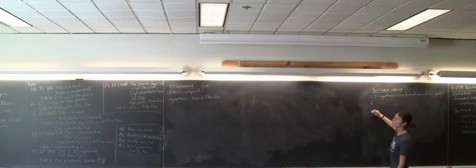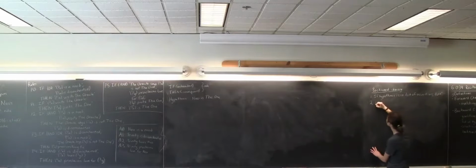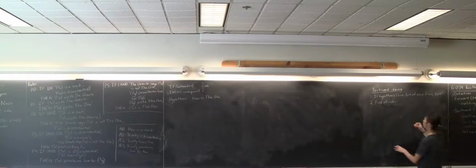So now we're going to go through and find all of the rules that could produce Neo as the one. More specifically, we're going to find all of the rules that have a consequent, the then part, that matches the hypothesis.